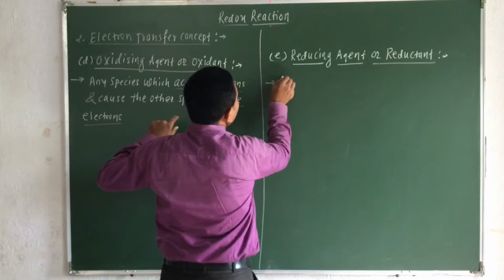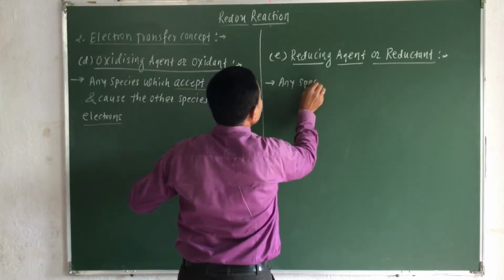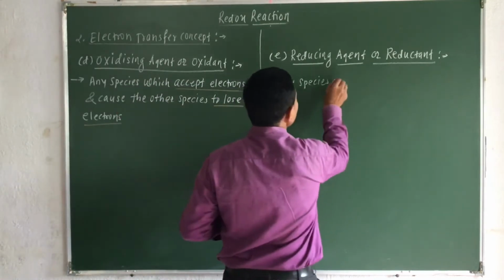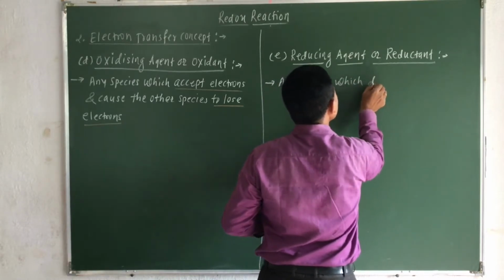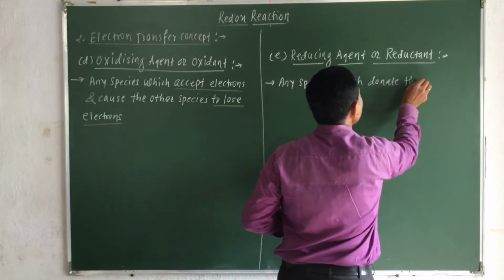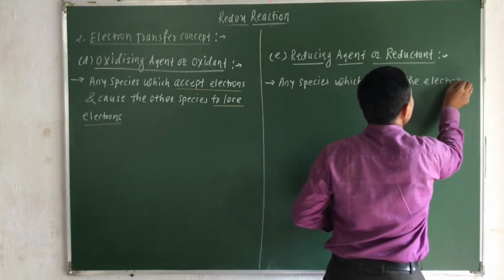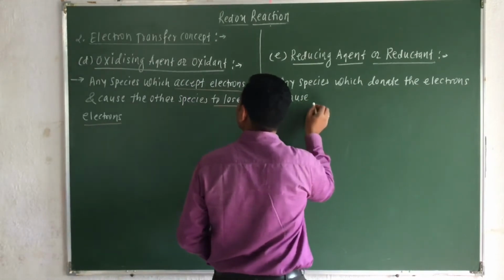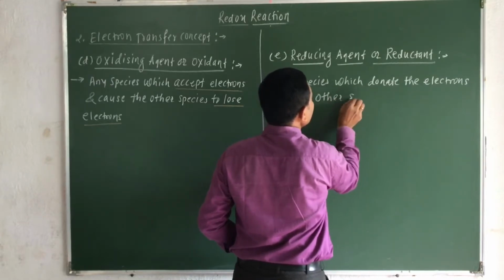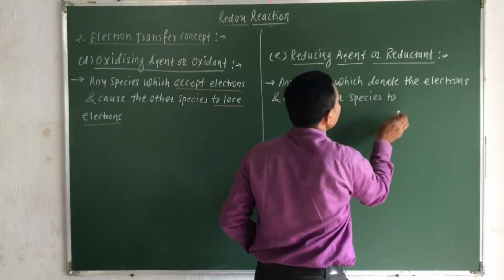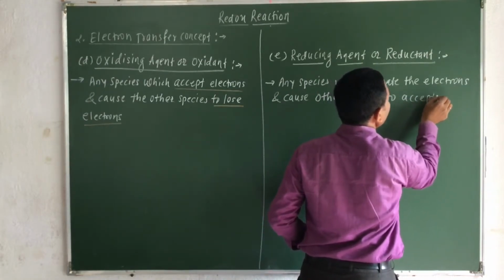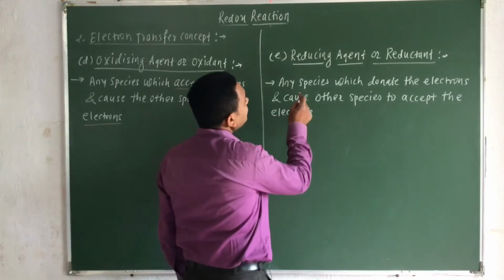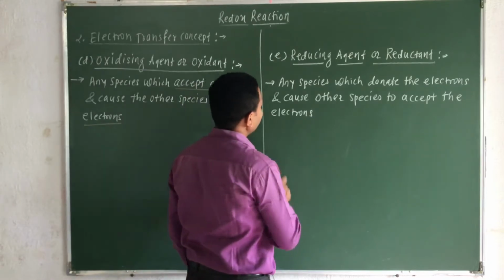Any species, meaning atom, ion, molecule or element, which donates the electrons and causes the other species to accept the electrons is known as a reducing agent.